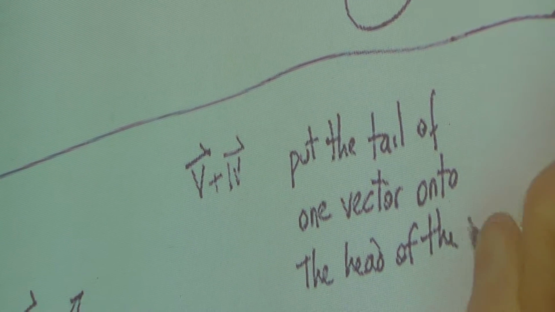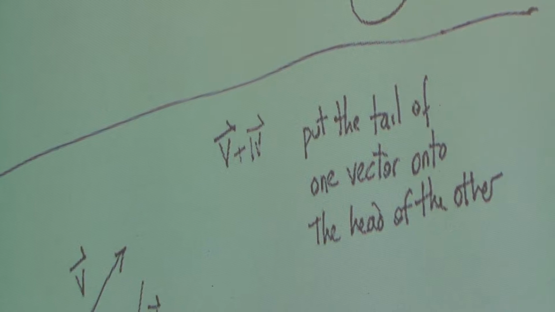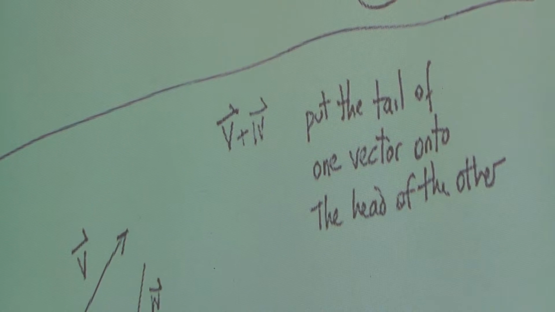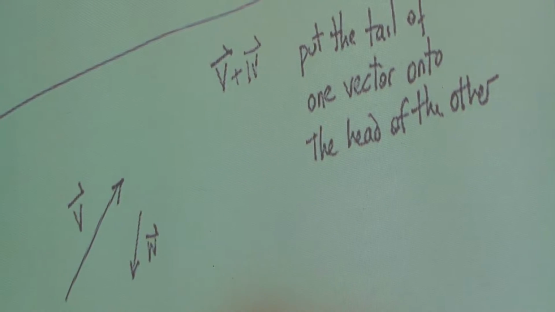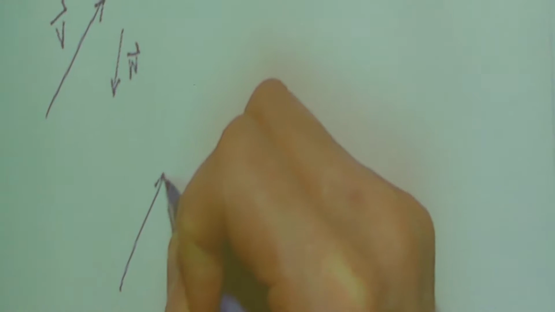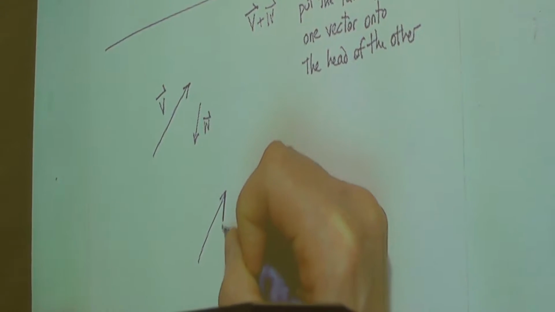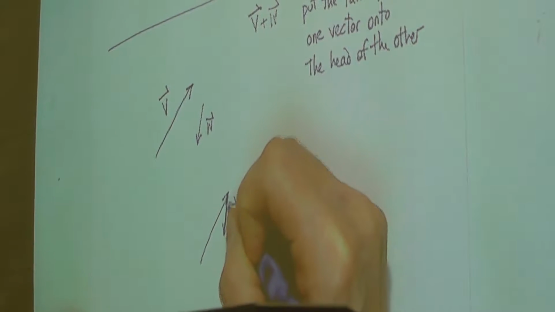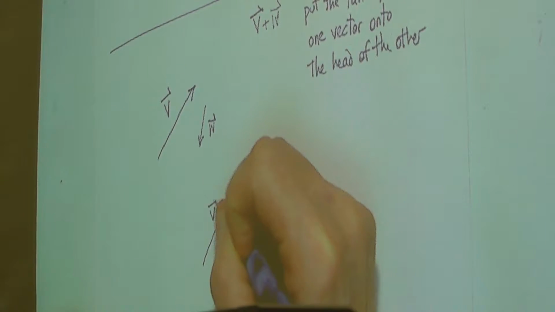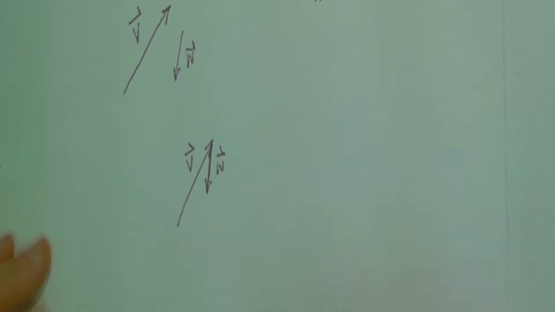This is usually just referred to by saying, make the vectors go head to tail. So I can pick these vectors up any old and put them down any place I want, as long as I keep the same direction and the same length. So I'll make an attempt to do that, but it'll be a bit antsy.